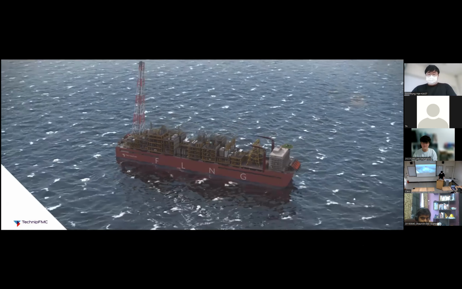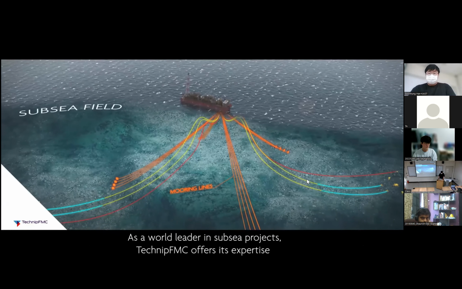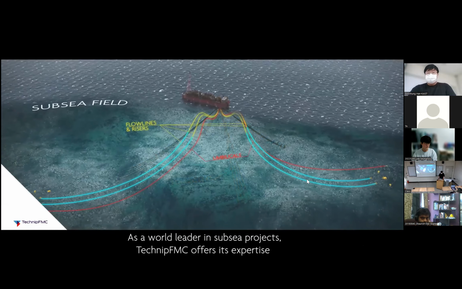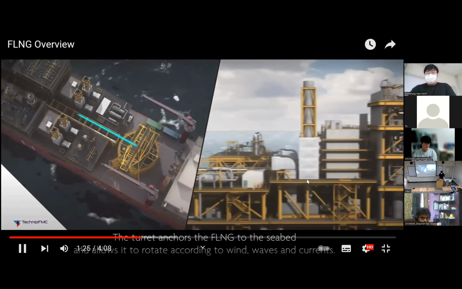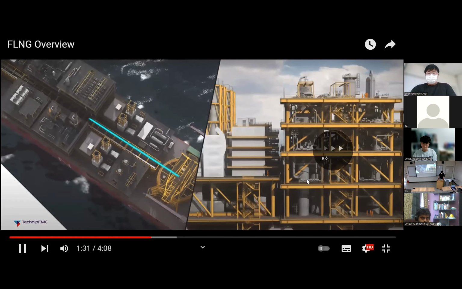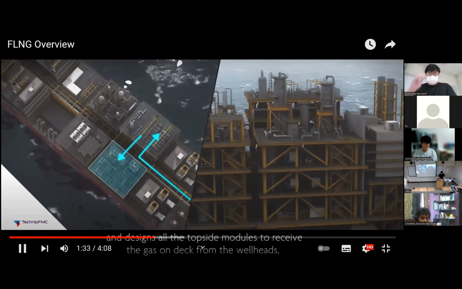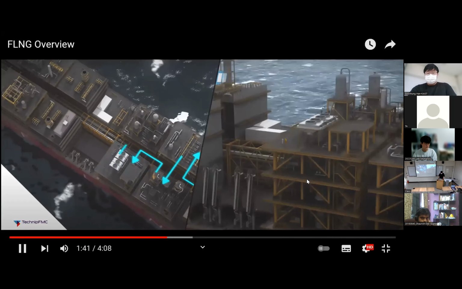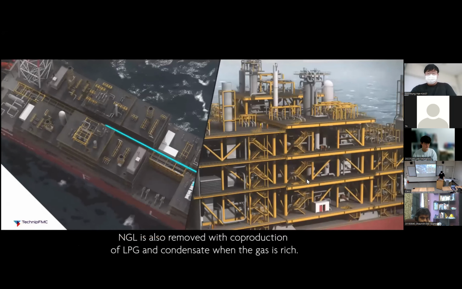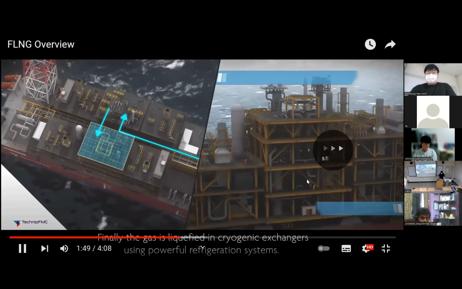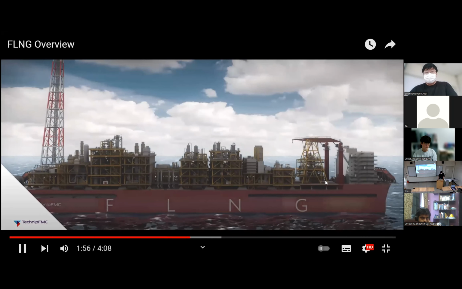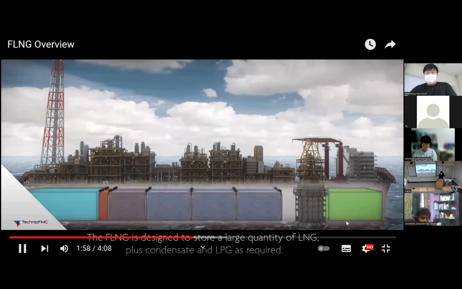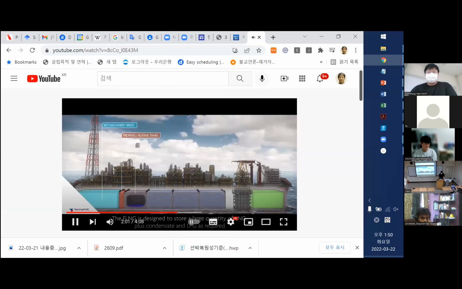As a world leader in subsea projects, Technip FMC, including according to wind, waves, and currents. Optimum process and designs all the topside modules to receive the gas on deck. NGL is also removed with co-production. The FLNG is designed to store a large quantity of LNG plus condensate and LPG as required.